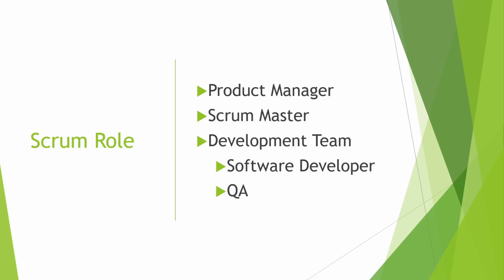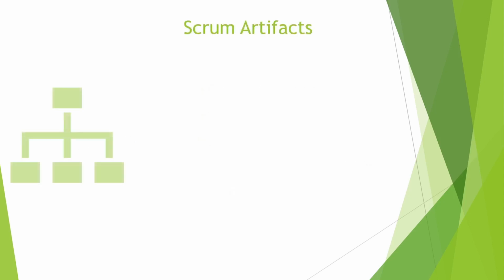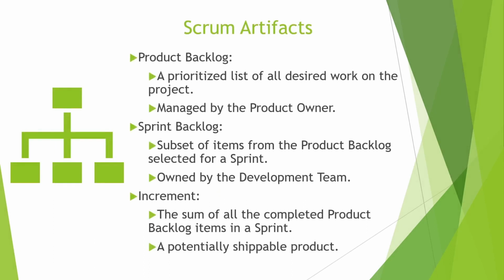In some scenarios a product manager acts as a Scrum master, or a software developer lead works as a Scrum master alongside a product manager. Now we're going to discuss the Scrum artifacts, and this will help us understand who is responsible for each of those things. Scrum artifacts are the product backlog, sprint backlog, and increments.